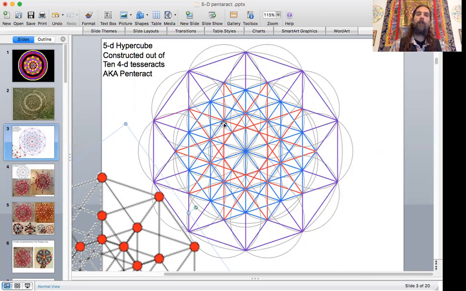So this 5D hypercube is also called the pentaract. And the dimensions kind of work like this. It's taking the previous form, which would be the 4D tesseract, which is the 4D hypercube, and it's going to take 10 of those tesseracts to create the 5D shape. Just like the tesseract is made out of 8 regular cubes, like this type of cube.